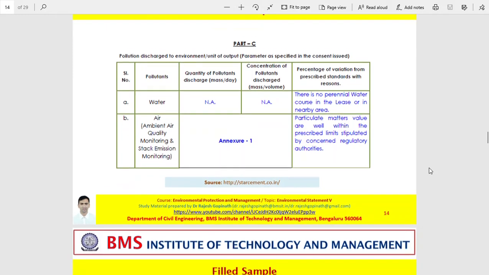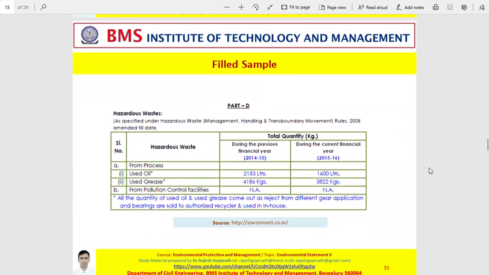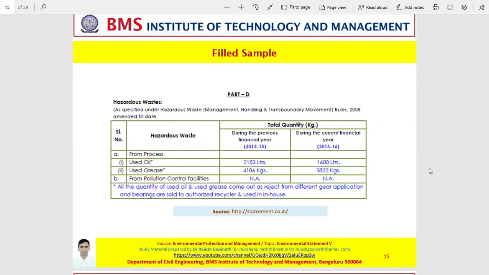Part D, slide number 15, speaks about hazardous waste. Now, it's obvious that this industry has been employing certain good measures, because as a consequence you can see that the quantity of hazardous waste has actually come down drastically from 2014-15 to 2015-16.